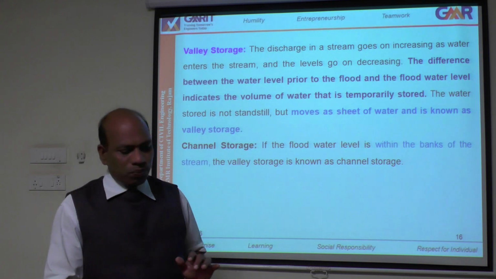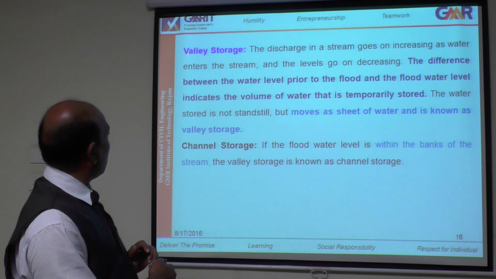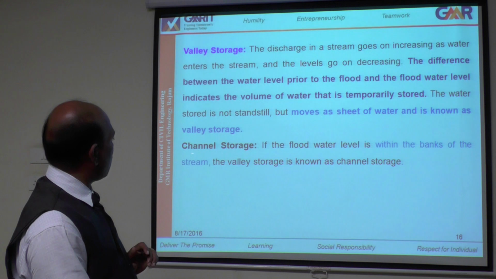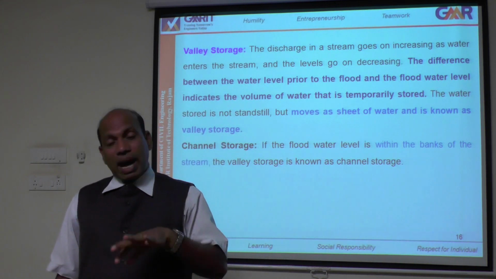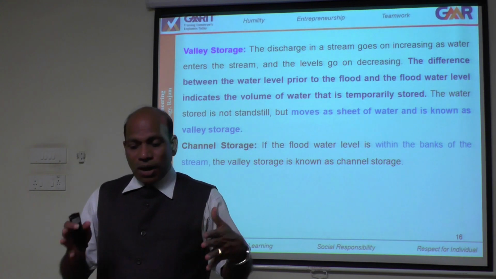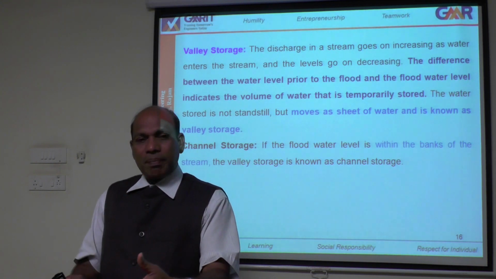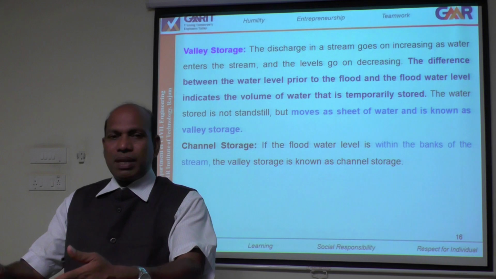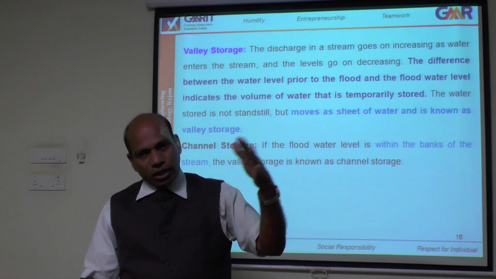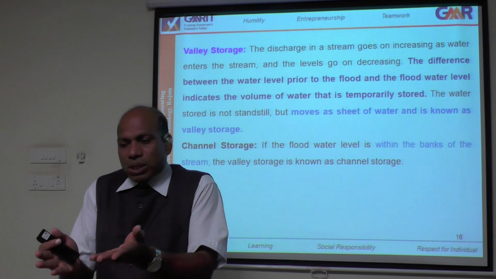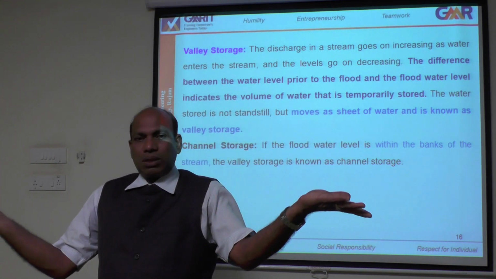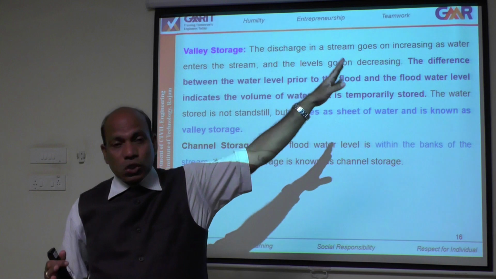This is known as valley storage, and another one is the channel storage. This is also part of the valley storage. Once water enters the stream, the level rises, but some quantity of water flows above the bunds, the top of the bunds, because the flood is too high.